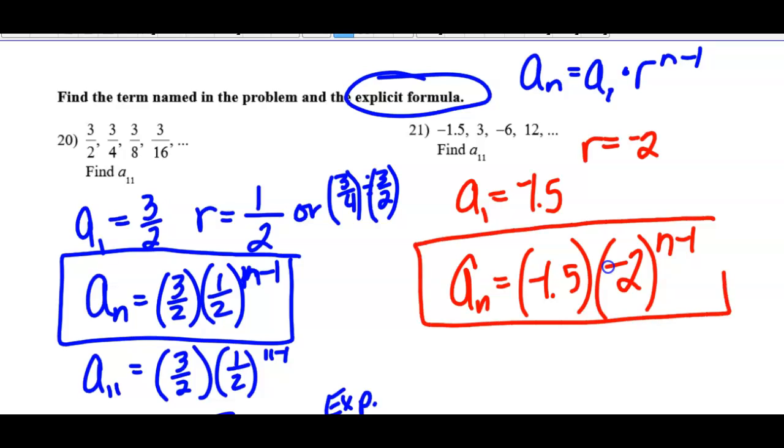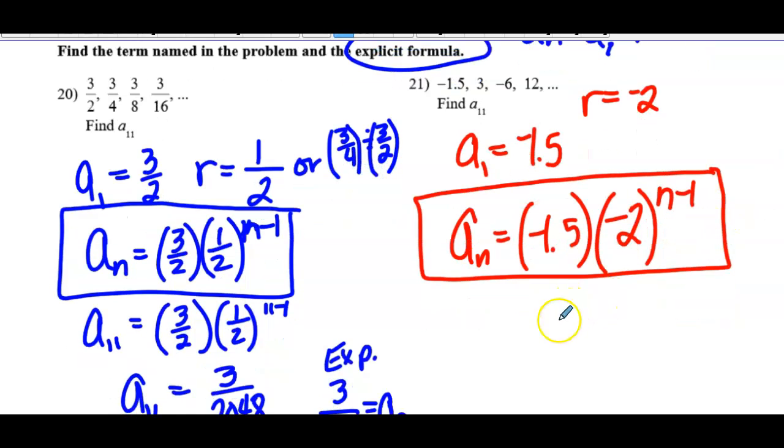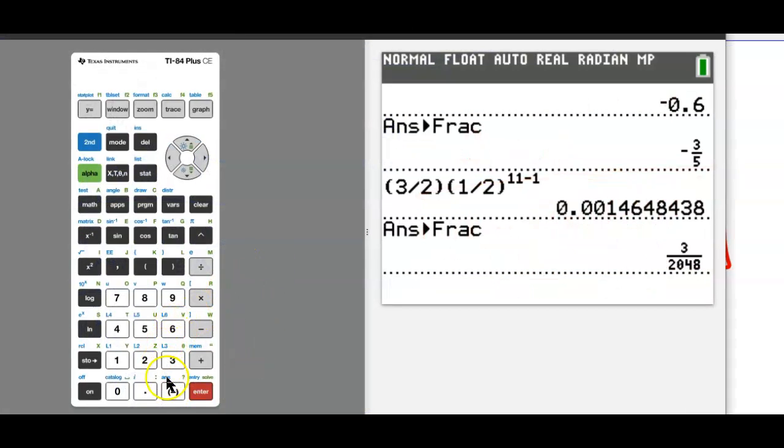So there's the explicit formula, and you cannot multiply those together and get rid of the negatives or anything crazy. So to find the 11th term, you'd have negative 1.5 times negative 2 to the 11 minus 1, or 10 times. You got to type that carefully because it's actually going to be a negative 1.5 times, and when you do negative 2, you can put that in parentheses, it wouldn't matter.